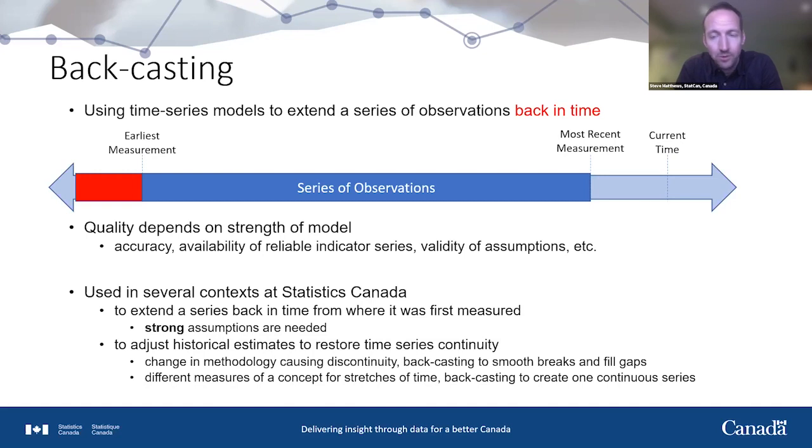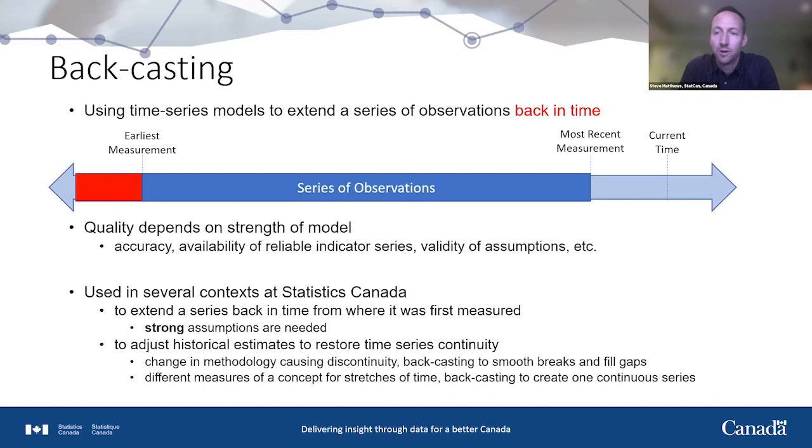Another context where we use it at StatsCan is to adjust historical estimates to restore time series continuity. So anytime that we make a change in the methodology that causes a discontinuity, we will try to do backcasting to smooth those breaks and to fill in the gaps. So just to give you a more concrete example, let's say that we decide to include a new industry in our retail trade that previously wasn't included in the population.